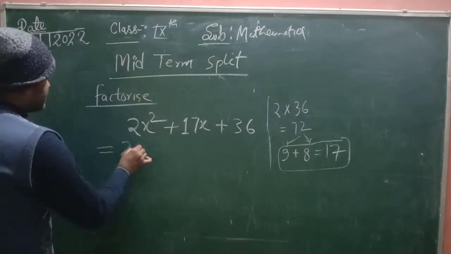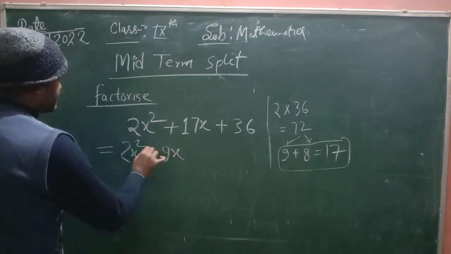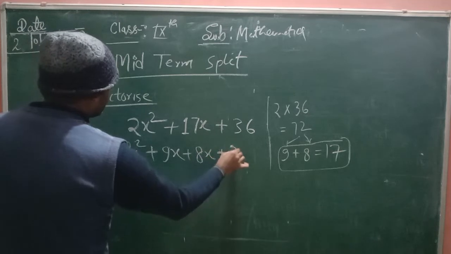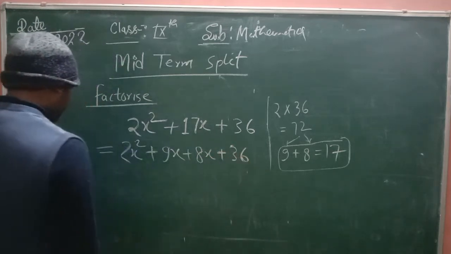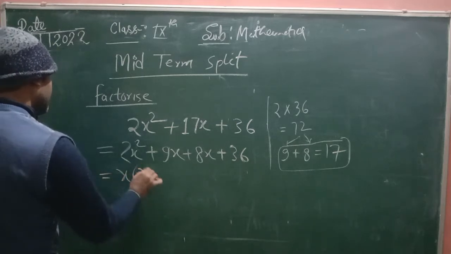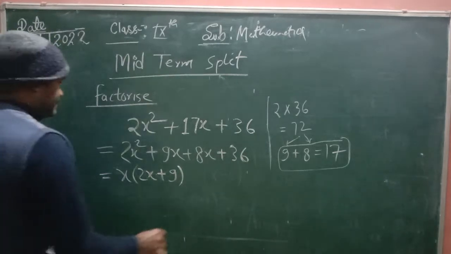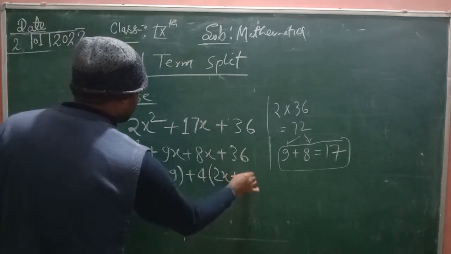So now you can write it as 2x square plus 9x plus 8x plus 36. Take x common, 2x plus 9. Take 4 common, 2x plus 9.